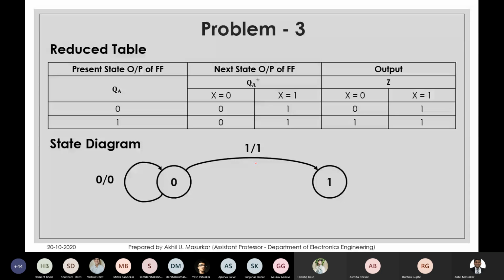If my present state is 1 and if x is equal to 0, then the next state is 0 with output 1, and if x is equal to 1, the next state is 1 itself with output 1. So we could reduce the state diagram. We are reducing the state diagram means the same circuit which had two flip-flops, now we can implement with just one flip-flop. So other things are pretty much redundant.